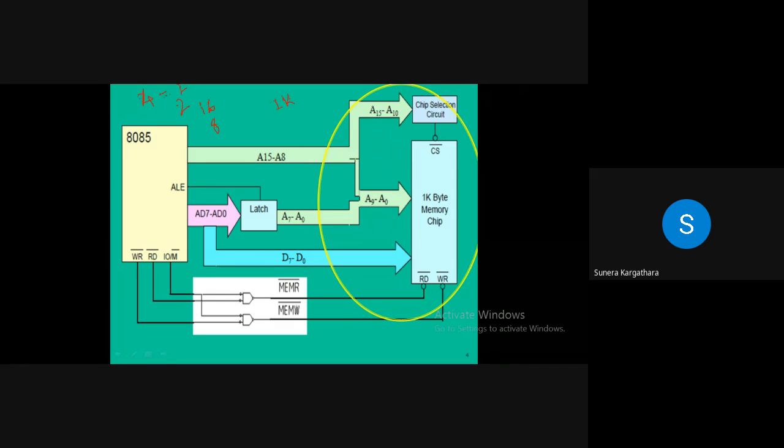The remaining address lines you can use to select your chip. The ALE signal, we know, we need to use to demultiplex the lower order address and data lines, and the read bar and write bar memory control signals we need to connect with the memory chip. Am I communicating, students? Any doubt here? Yes or no?